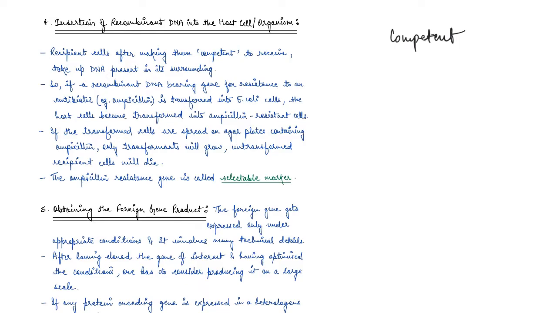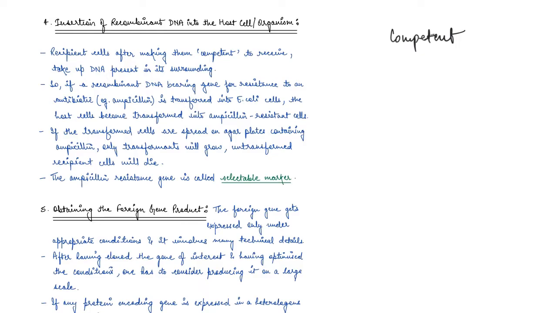So what we did is we again used a selectable marker. The ampicillin resistance gene here is known as the selectable marker, right? So basically we are trying to get the transformant cells.